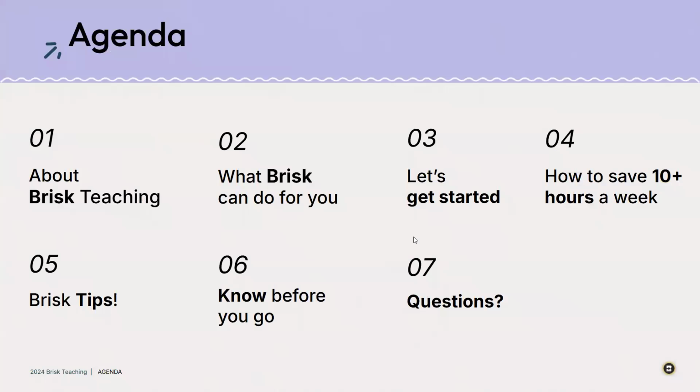So this is what we're going to talk about, and we're going to go through some of these pretty quickly today, because I want you guys to have as much time as possible to use stuff, just like we did last time. As I'm talking, hopefully you have already prepared and signed up for a Brisk account. I think once you sign up, there's a free pro level period, so you'll be able to see what that's all about.